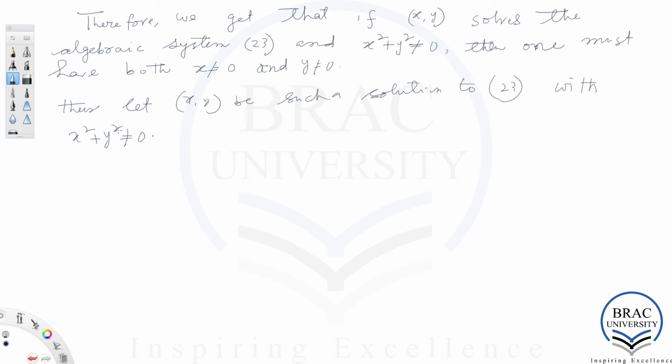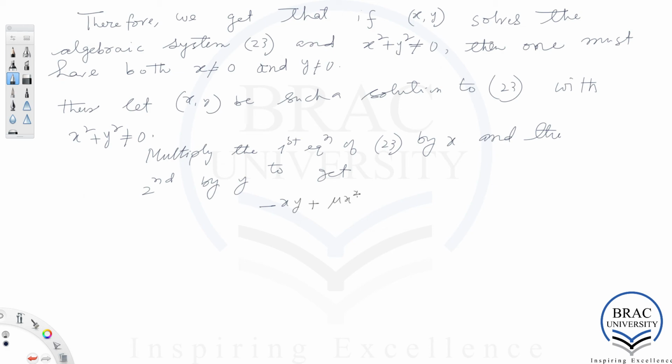So multiplying the first equation of 23 by x and the second by y to get minus xy plus mu x square times 1 minus x square minus y square equal to 0, and xy plus mu y square times 1 minus x square minus y square is equal to 0. This is our equation number 24.